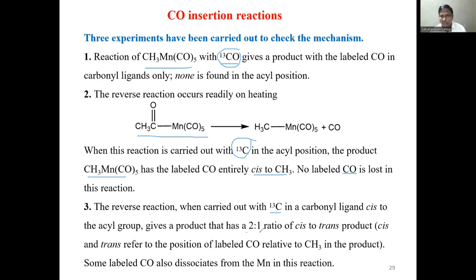The product gives 2:1 cis to trans. That means two portions cis, one portion trans, and you can see the labeled CO positions relative to methyl, and some of the carbon monoxide is lost during this process. So basically this is 2:1:1: two cis, one trans, and one is lost.